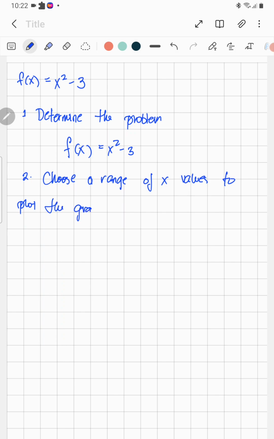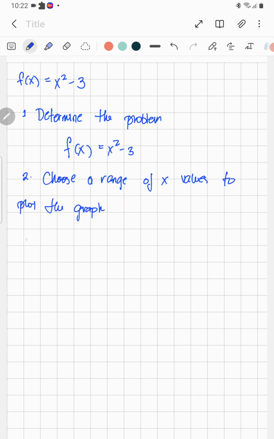So what we mean by that is that kasi function siya, there should be a specific value of x. In this case, ang gagamitin natin is negative 5 to 5 with increments of 1. What do we mean by that?